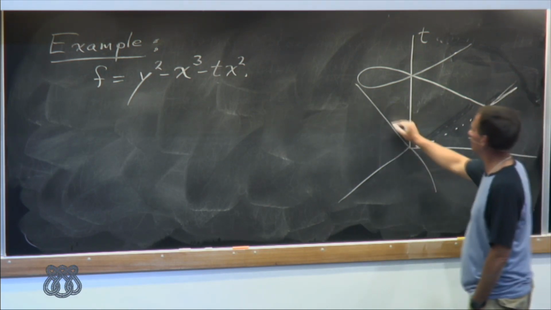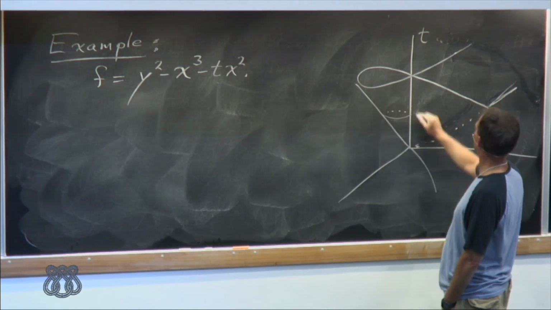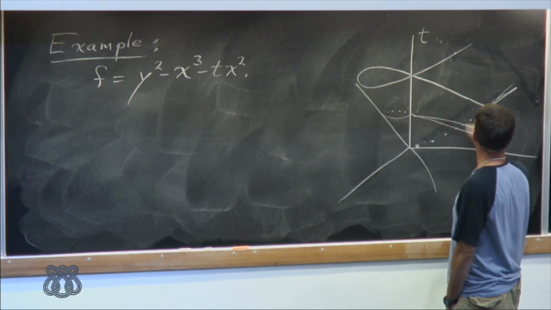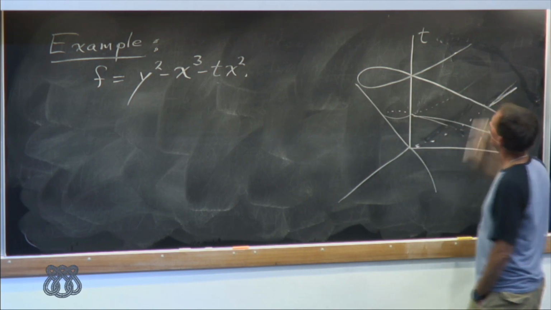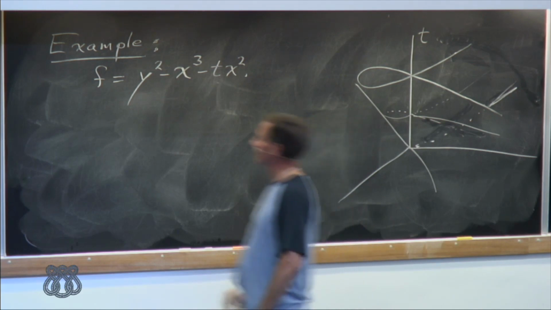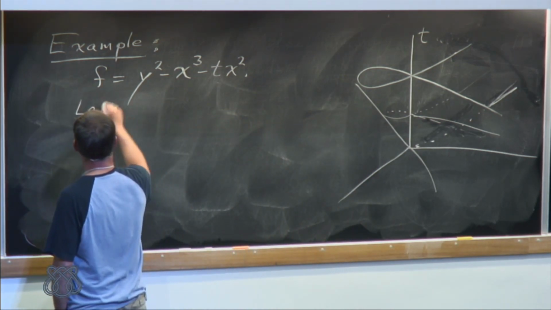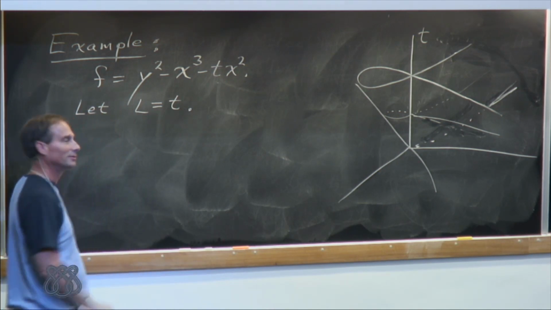So, let's calculate the relative polar curve. I'm going to let my L that I was using before be t, and see if that's generic enough.